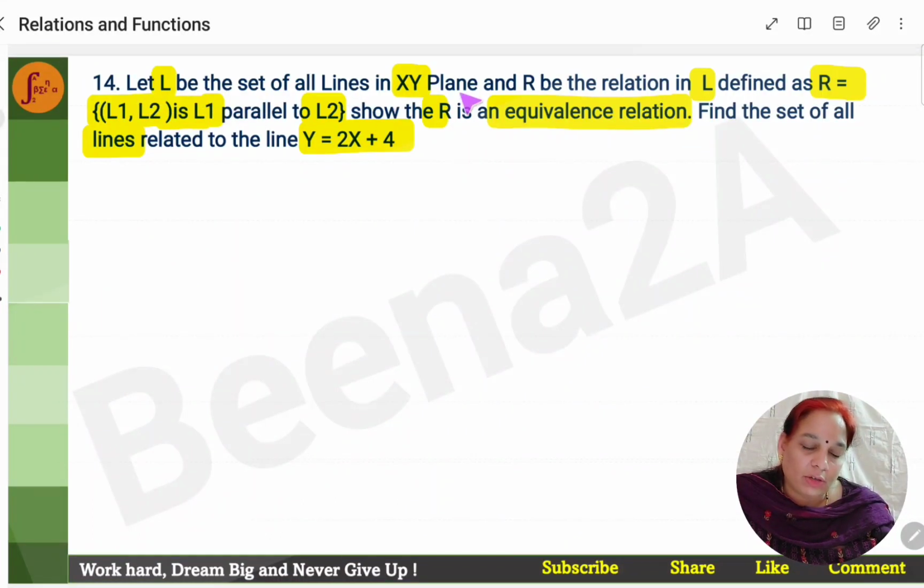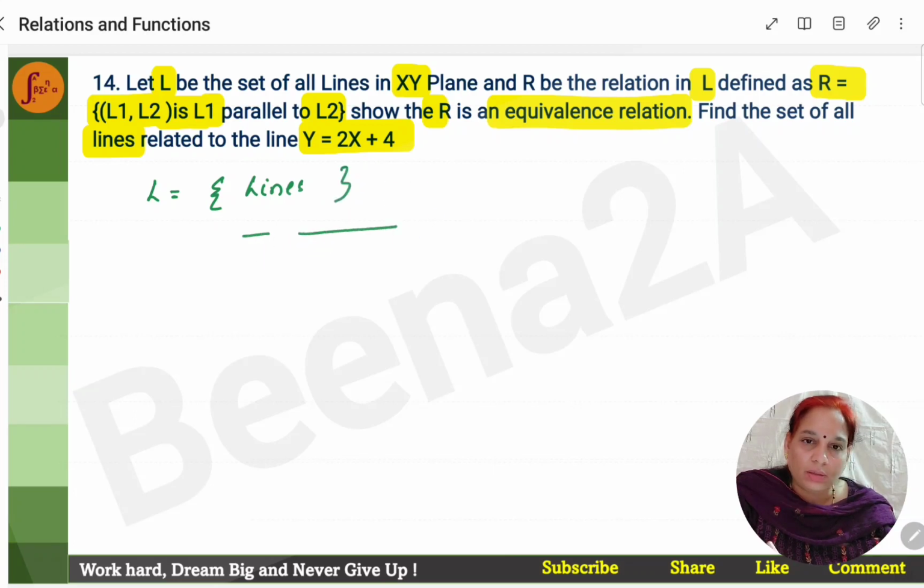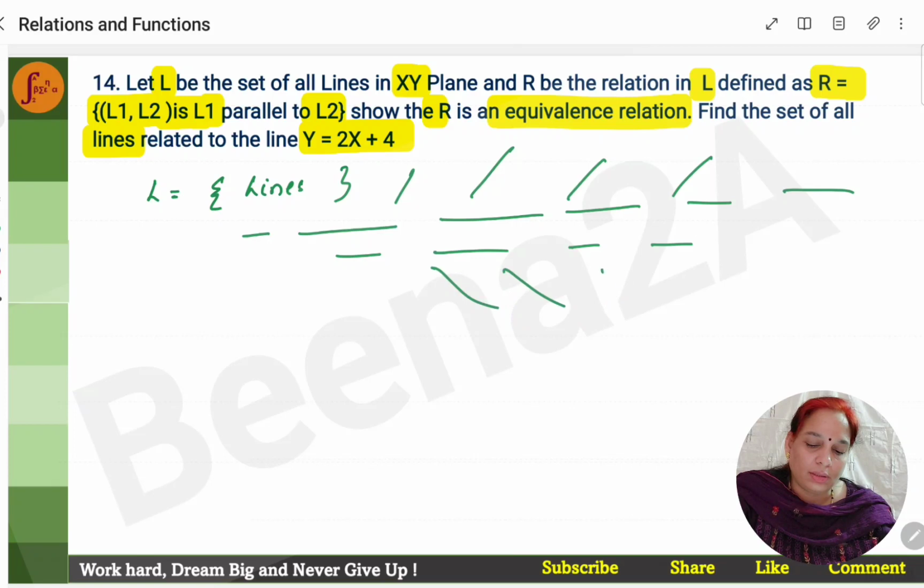Let L be the set of all lines in the XY plane, right? L is the set of all lines of different lengths. It will be infinite.